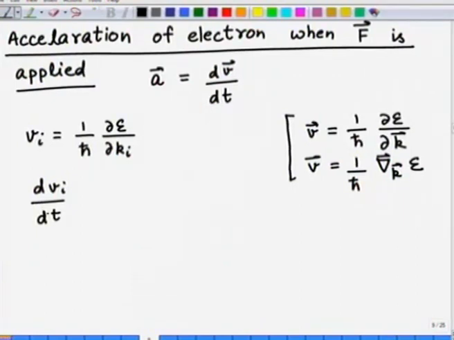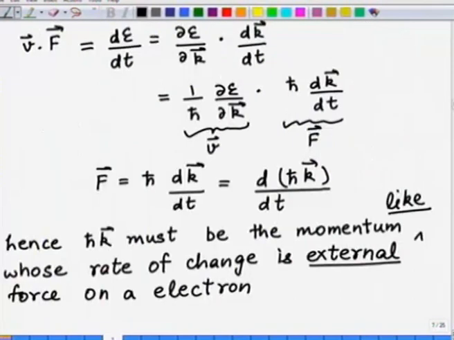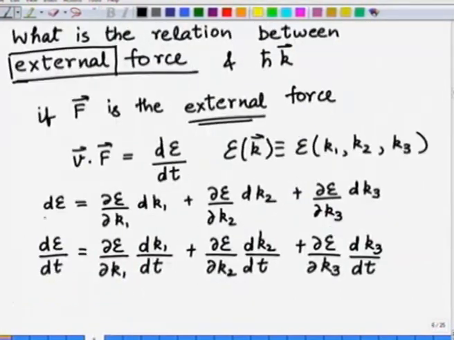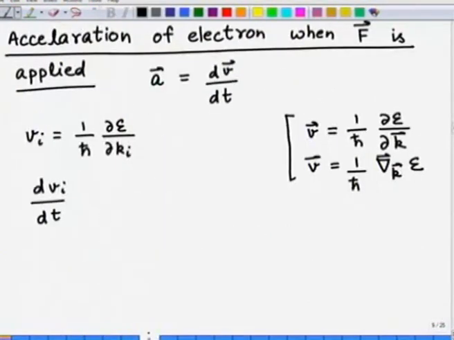Remember, we will do the same exercise as we did for energy on this page. On this page we wrote dE and then calculated the total derivative through this expression. In this expression, now instead of the total derivative of energy, we are going to take the total derivative of this whole quantity here, del E by del k_i, with respect to time, and will therefore replace energy by this whole quantity in there.